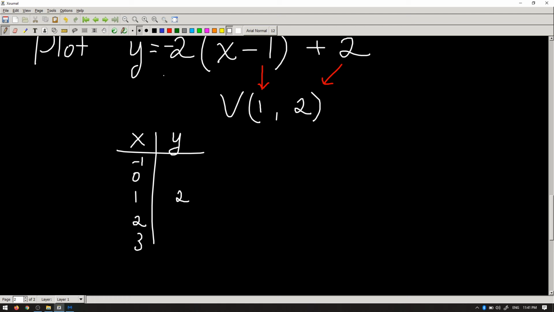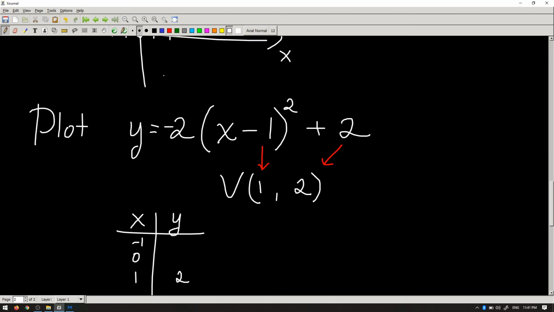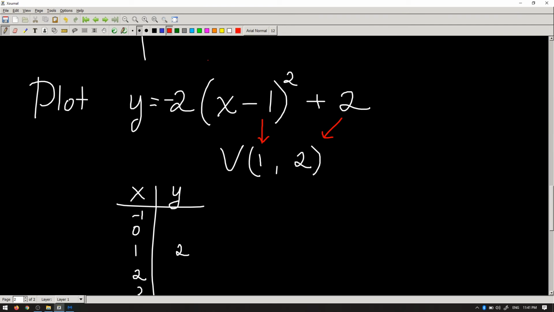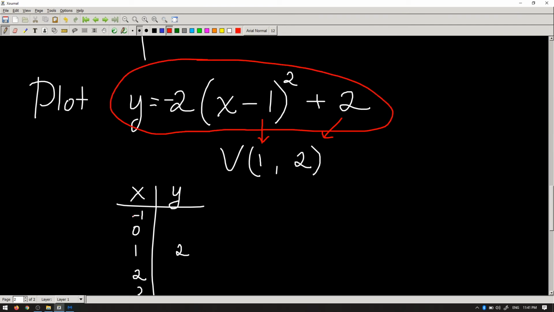So my equation of interest is right here. I'm going to take each x value and replace x with that value. So let's do the first row. y equals negative 2 times negative 1 minus 1 squared plus 2.